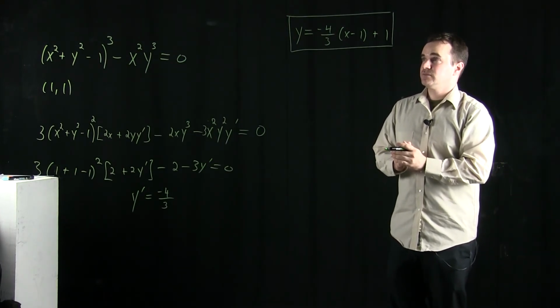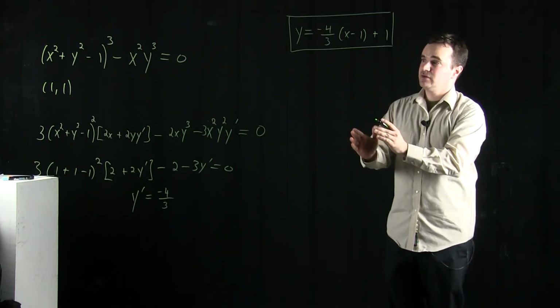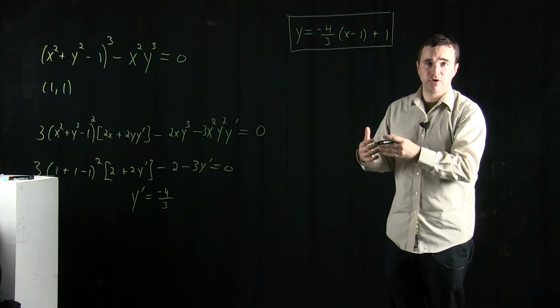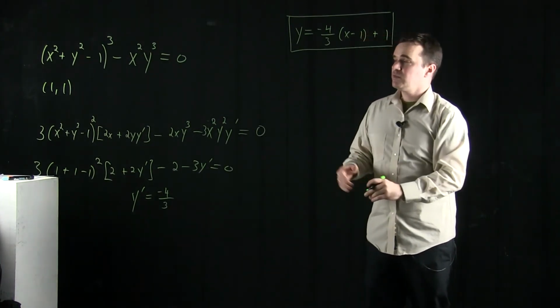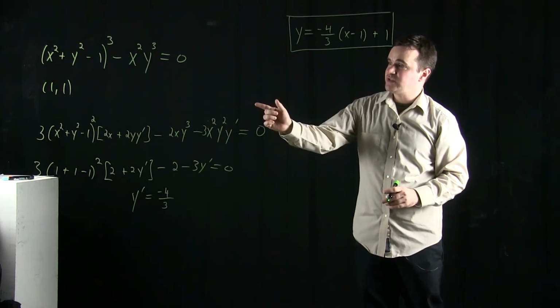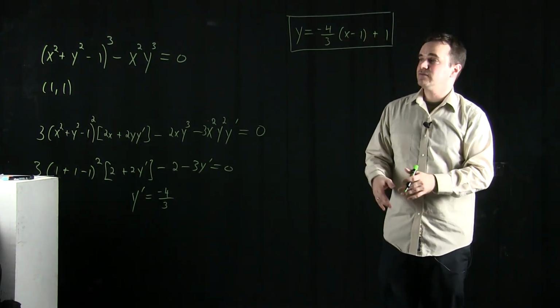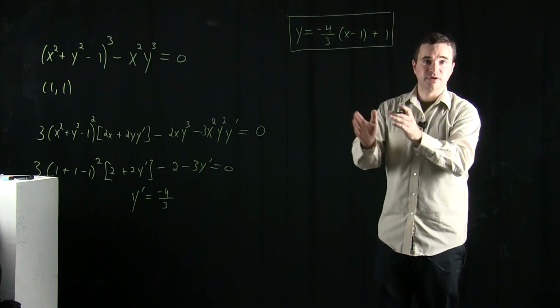So what you do is you take the derivative of both sides of that equation with respect to x. Using the chain rule, using what we call implicit differentiation, you'll find a formula. Then you'll plug in x and y for the point that is given to you. That allows you to solve for y prime to get the derivative that gives you your slope, and that lets you write down the equation.